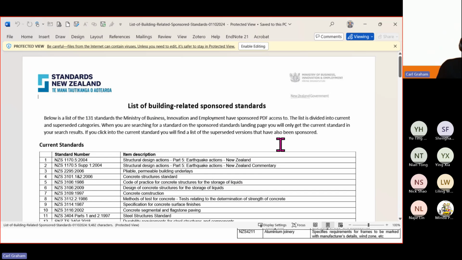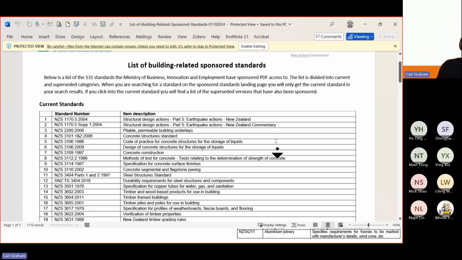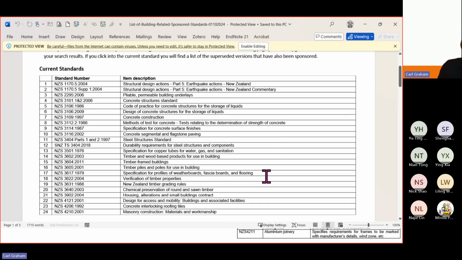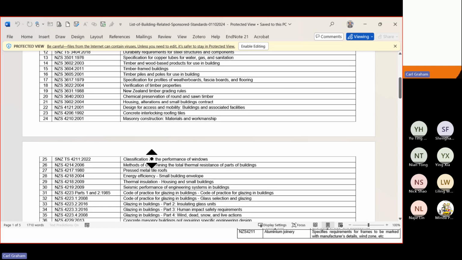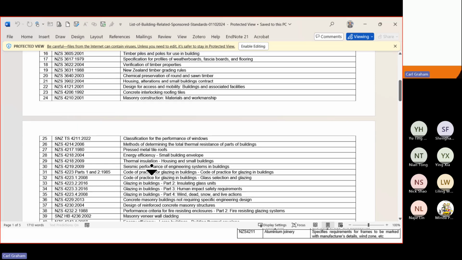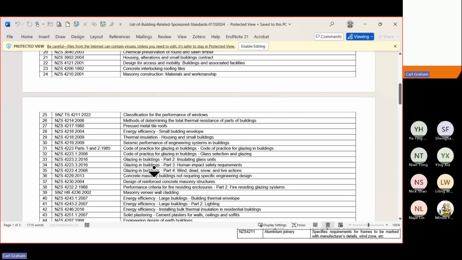So if you're looking at the screen, these are the standards. So let's just have a look and see, 3618. So I've got 3617, right? But I've got no evidence there. So there's 24, 37. So there's a few of them.